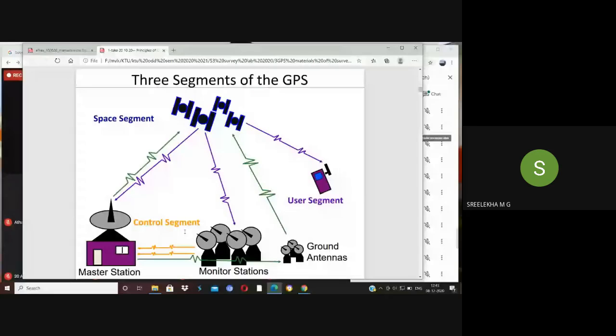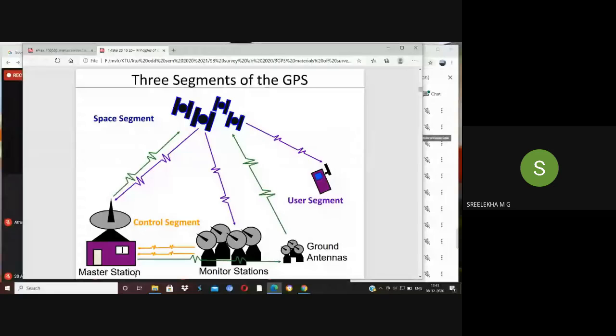This control segment includes many components: a master station, some monitor stations, as well as the ground antennas.